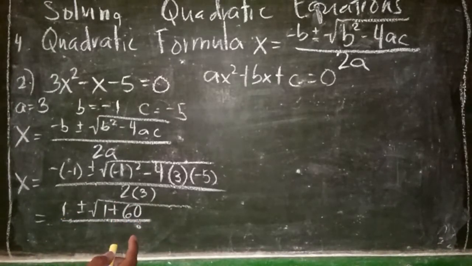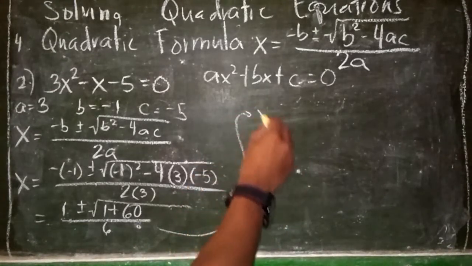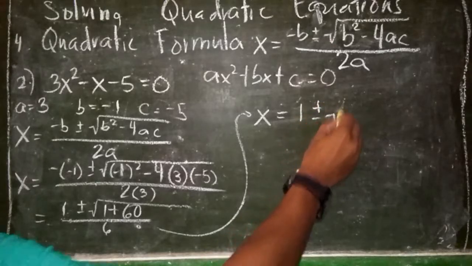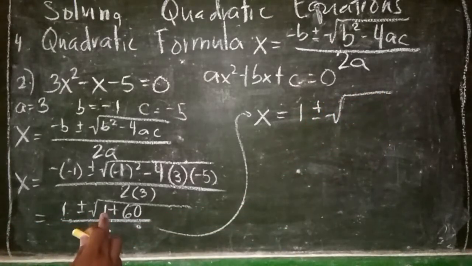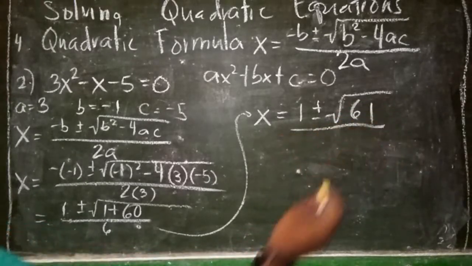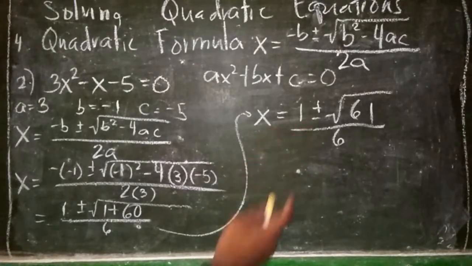Over 2 times 3, okay, 6. Let's continue. So x equals 1 plus minus square root of 1 plus 60, 61 over 6.